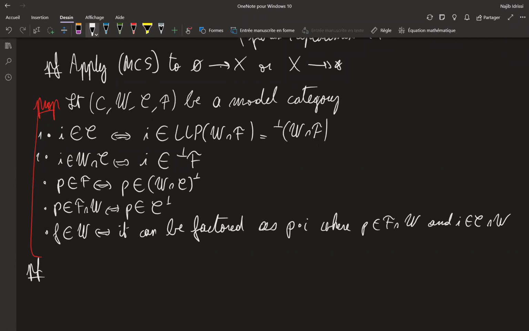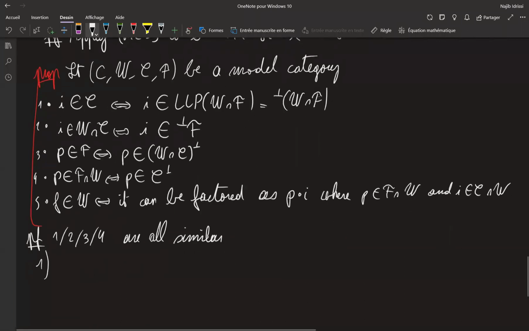So let's call them 1, 2, 3, 4, 5. So 1, 2, 3, 4 are all similar. So let's only do the first one. And 2, 3 and 4, you can do them as exercises, but honestly, it's very easy.